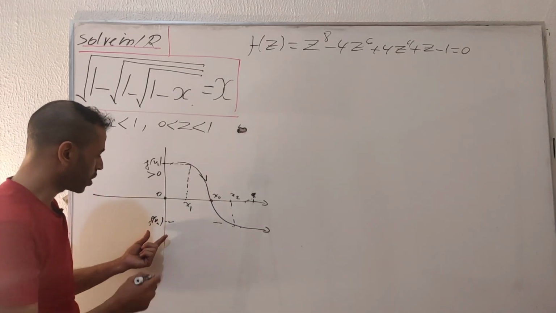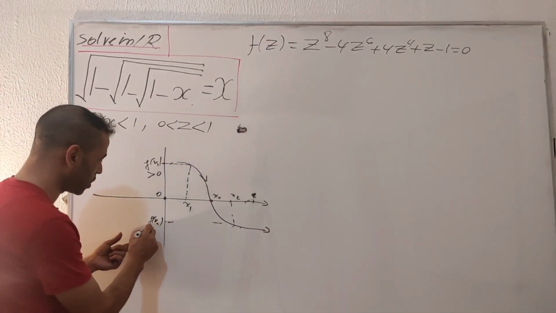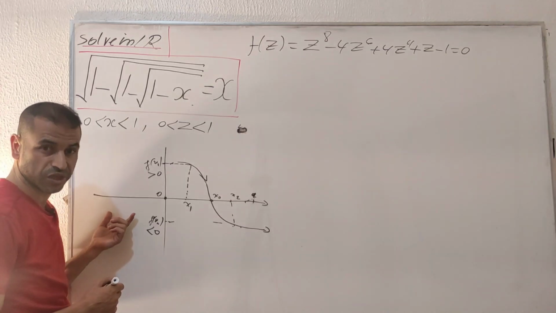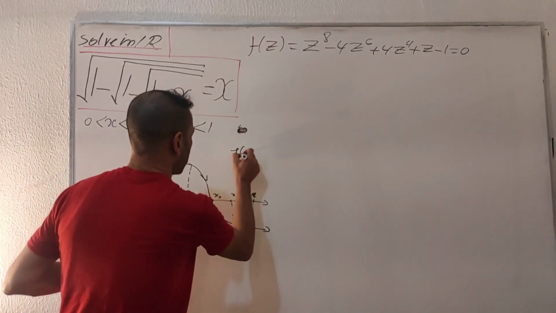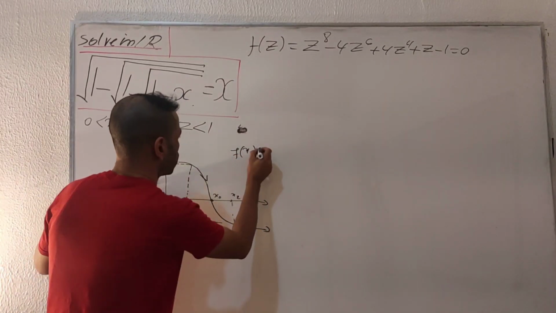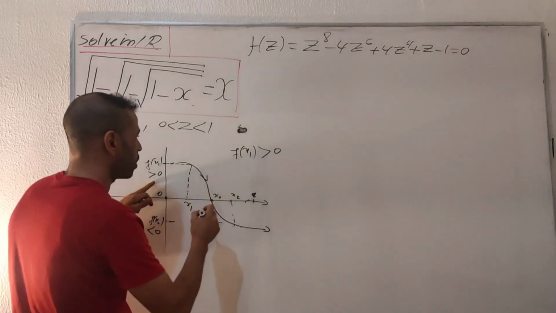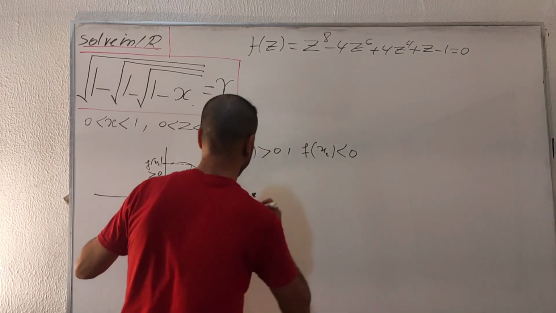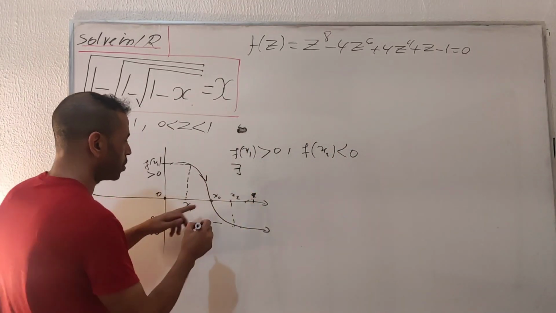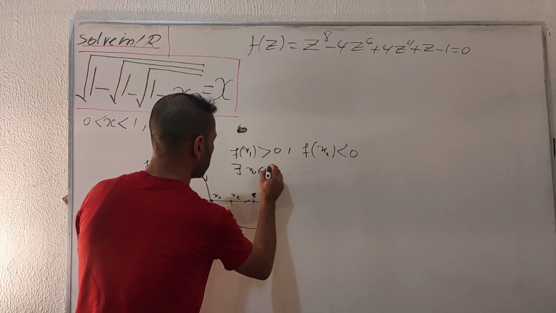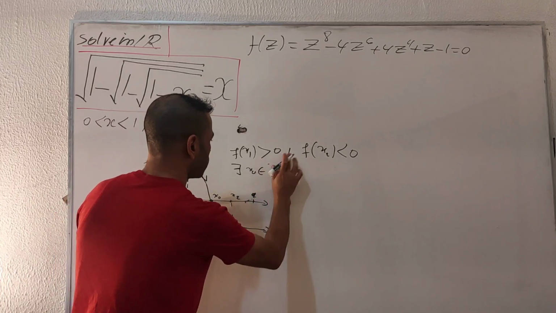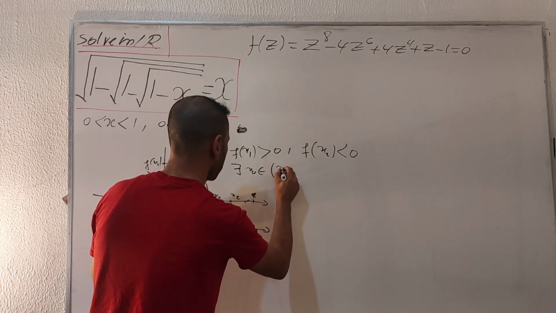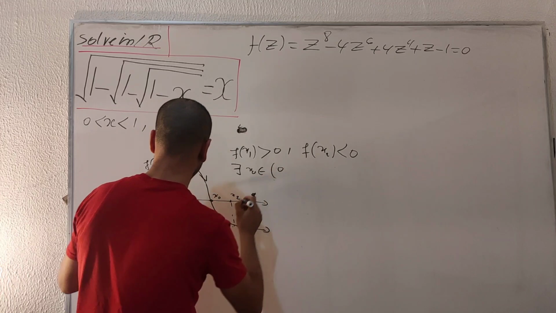If you take a look, the output of this one is negative. So by the intermediate value theorem, we have f of x1, which we have here, is strictly greater than 0. Okay, then also we found f of x2 is strictly less than 0. Okay, there exists a point x0 which belongs to this open interval. Okay, which is, for example, 0, which we have here.